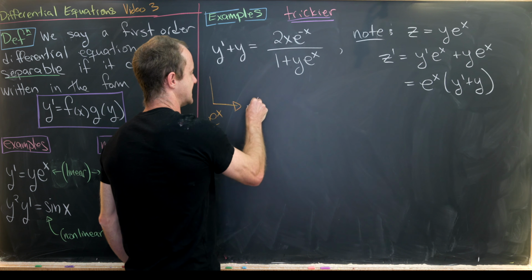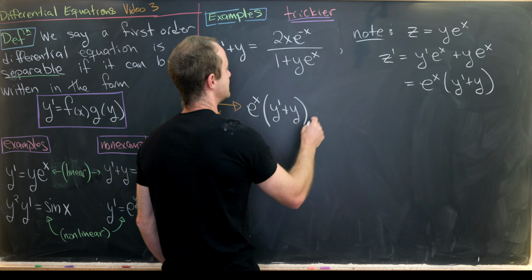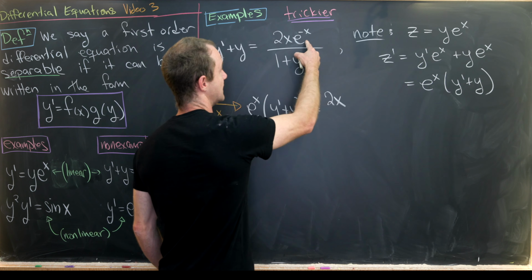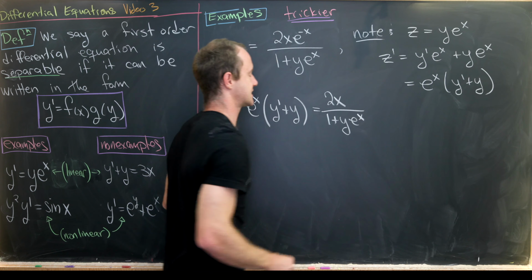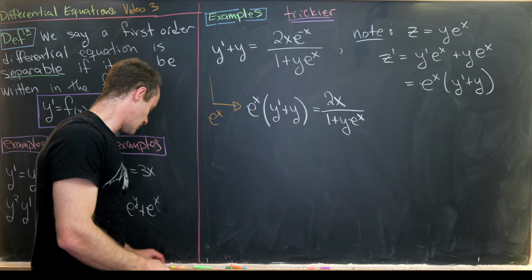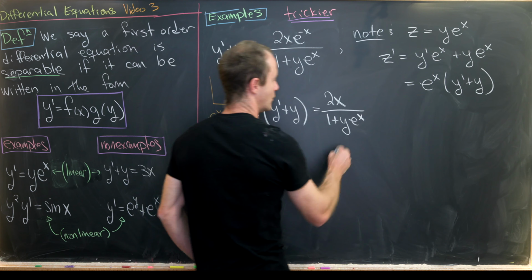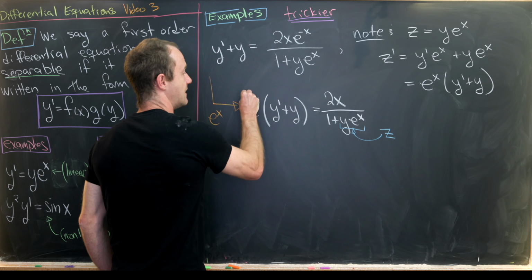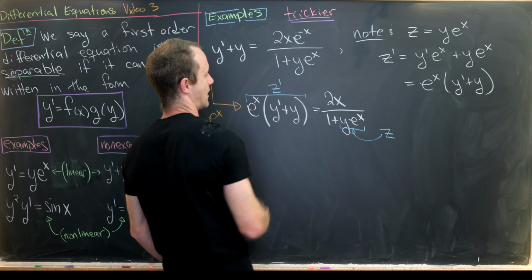So let's see what we get if we do that. So that's going to give us e to the x times y prime plus y equals 2x, with no e to the x, that cancels, over 1 plus y times e to the x. Great. And now let's notice from our exploration over there, we have this bit is what we called z, and this bit over here on the left-hand side is z prime.